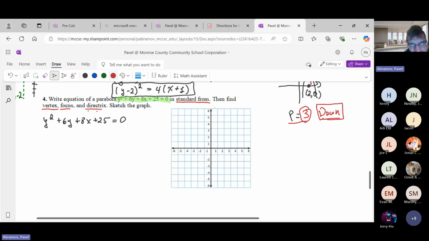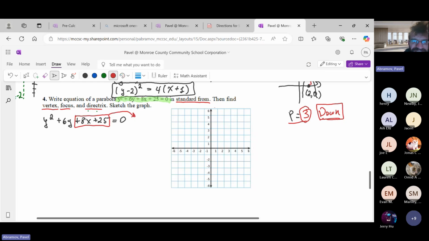Now, in this case, notice we have two variables. We have both y and x, but x is not squared. So we cannot complete the square for the variable that is not squared. Therefore, we're going to complete the square only for the y, and everything else, this 8x and 25, we want to move to the other side. We don't need those values to complete the square.